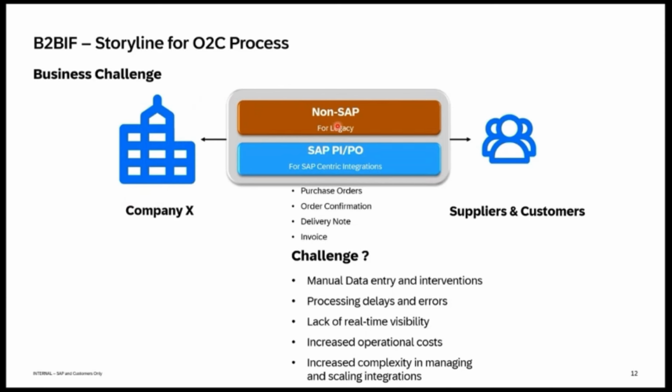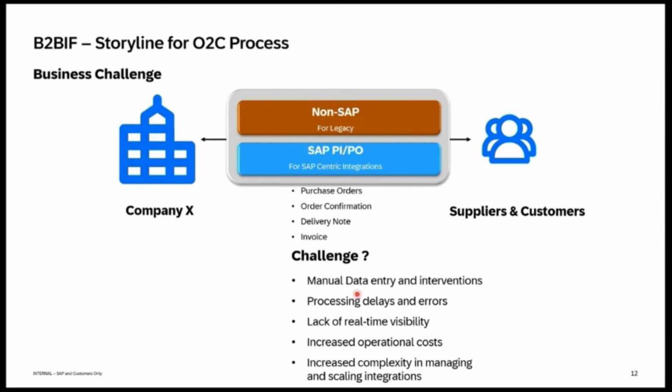One is non-SAP for legacy, and one is SAP PIPO for SAP centric integrations. And this company X has to exchange the purchase order confirmation, delivery note, and invoice with its suppliers and customers.